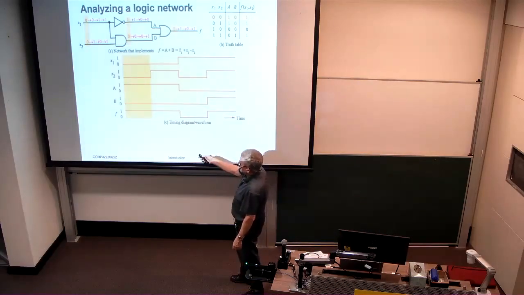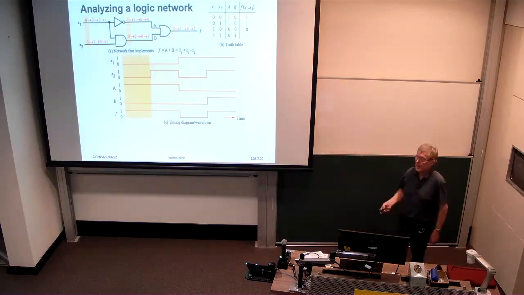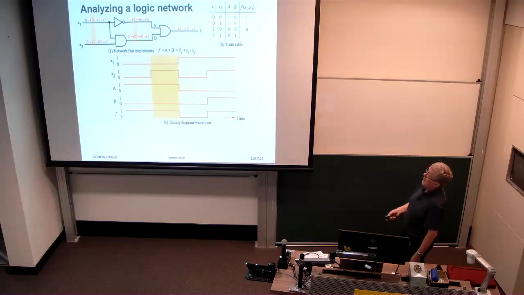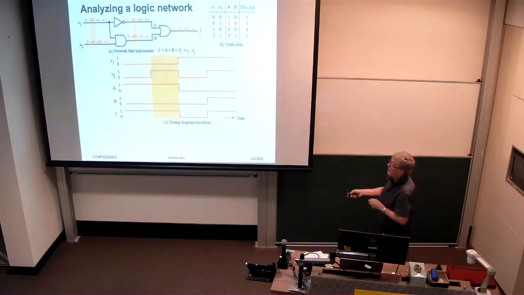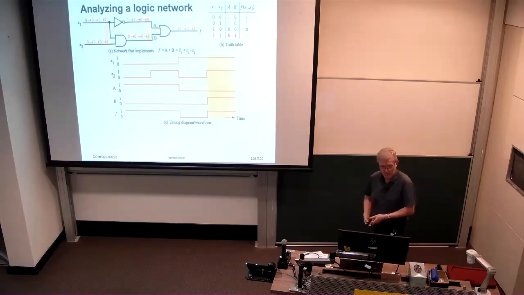When we apply the input 0, 0, that's the same as looking at the first part of this timing diagram here, or the first row in this truth table. Similarly, the next possible combination of x1 being 0 and x2 being 1, and its consequent impact on A and B and F, is represented by the second row in the truth table and the second part here of the diagram, and so on. We can work our way through them. They're equivalent ways of analysing the circuit.